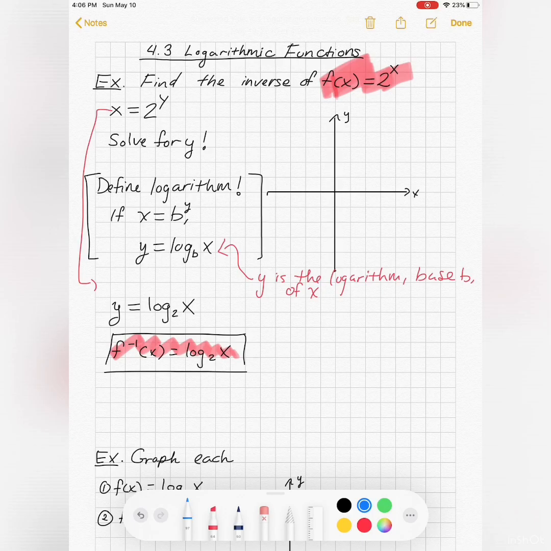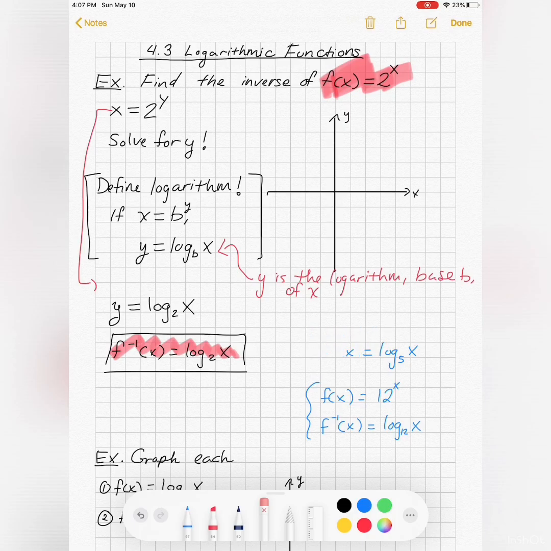If I have the function 5 to the x, I could tell you immediately its inverse function would be a log base 5. If I had the function 12 to the x, its inverse would be log base 12. Okay, so exponentials and logarithms are inverses of one another.